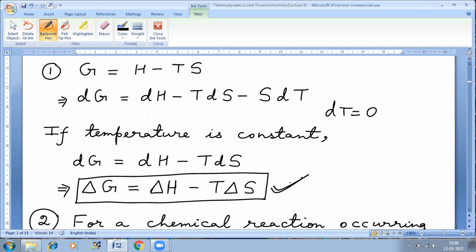At constant temperature, delta G is equal to delta H minus T delta S.